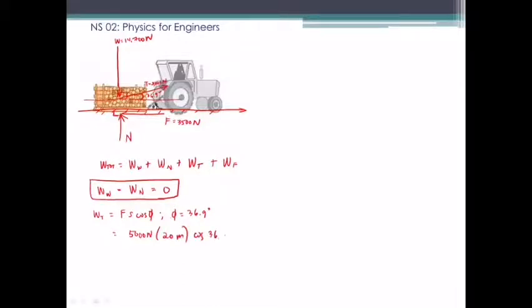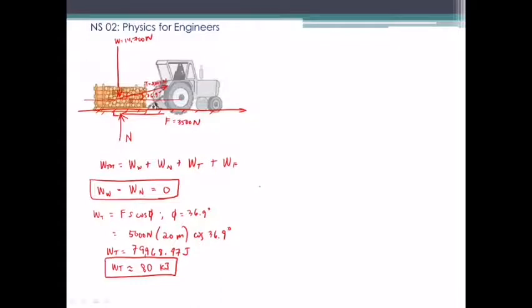So the work due to the tractor is 79,968.47 joules, or in kilojoules, rounded off, 80 kilojoules. That is the work done by the tractor.